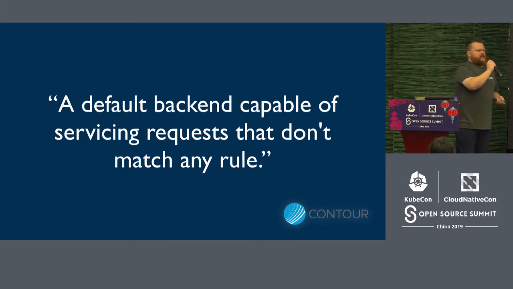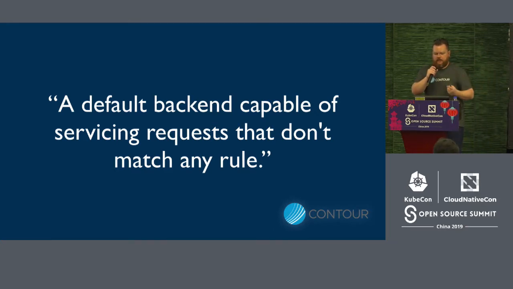But the problem with this is that it only makes sense if there was ever only one Ingress document. And that's not the case. So this idea of a catch-all backend is not to catch all the traffic on every vhost. It's something else.